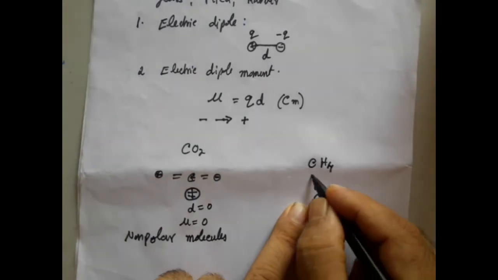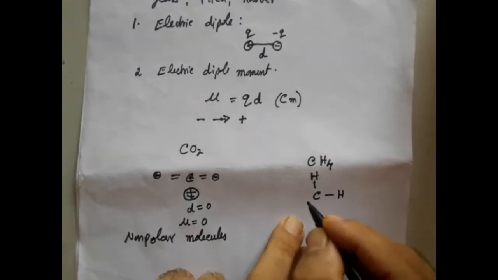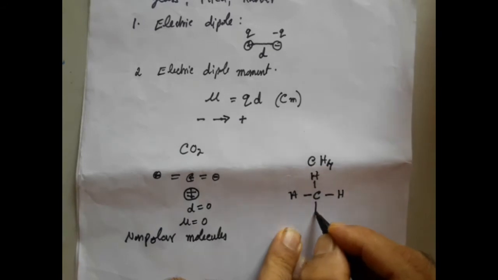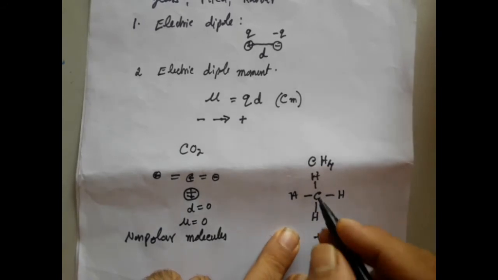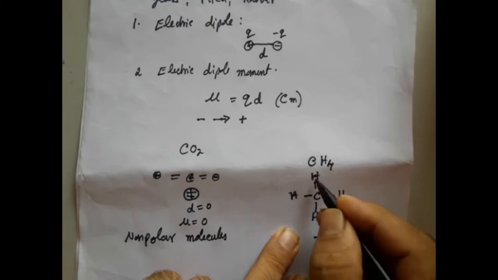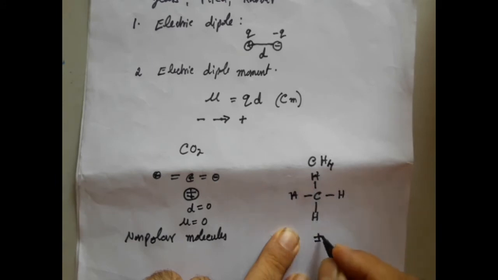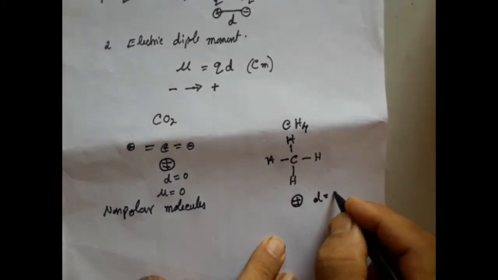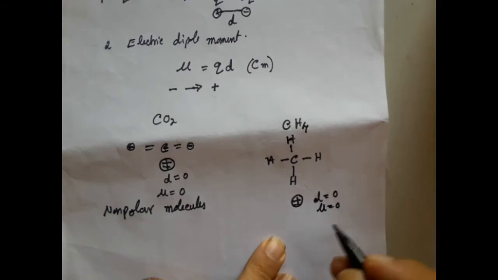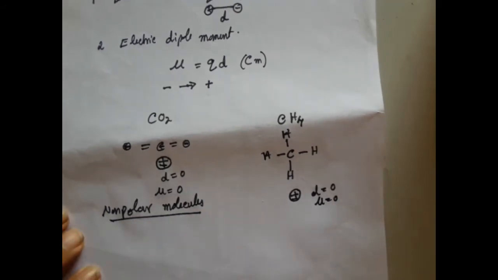Methane has 4 hydrogen atoms around the carbon atom, and carbon being positive at the center, all these 4 hydrogen atoms are surrounding it. If I ask you the distance between the effective centers of the positive and negative charges, once again the distance between them is 0, or the dipole moment is 0. Hence, this is also called a non-polar molecule.